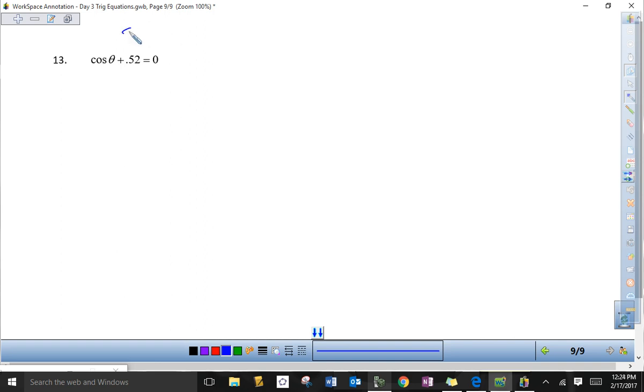Last one, this is 52 over 100. I hope you can see that cosine theta is -52 over 100. I wrote it like that so you could very clearly see that that is not sides of a triangle that we know. Okay, so let's draw a picture and figure out where cosine's negative. Okay, that's going to help us with our process here.